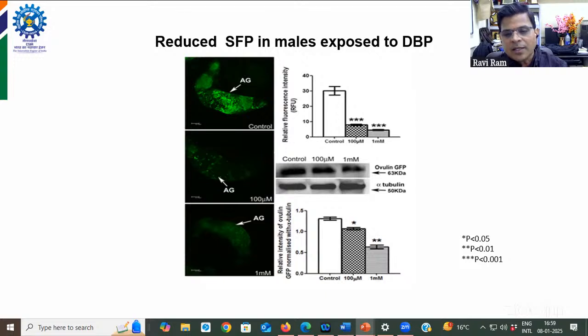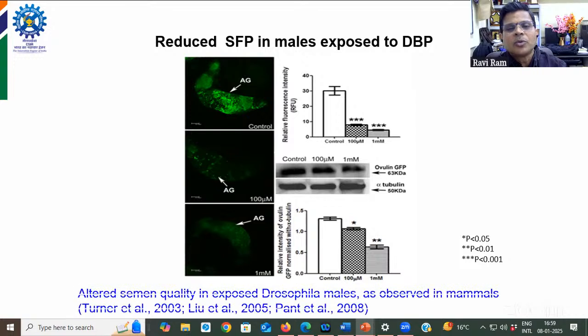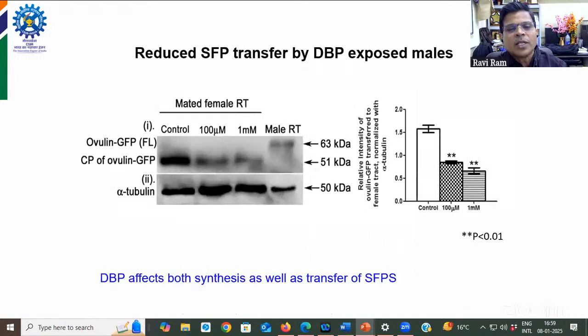And the other thing that we did is, okay, fine, production is compromised, as you can see here. So how much of this is being transferred to the female when they are mated to females? When we did that comparison, as you can see here, control transfers this much, whereas as we increase the concentration of the chemical, there is reduced transfer of seminal fluid protein 2.